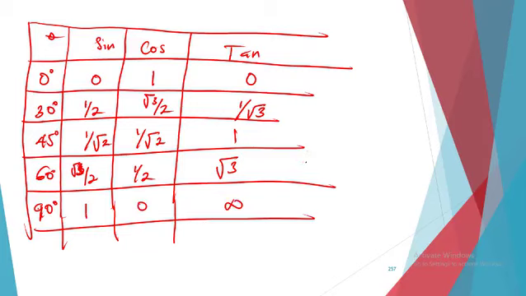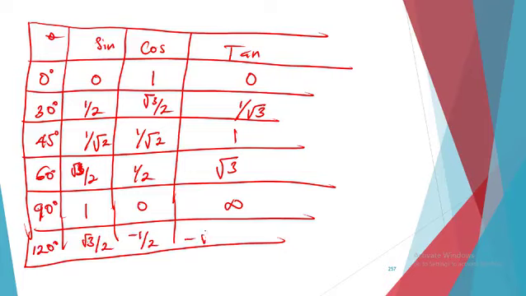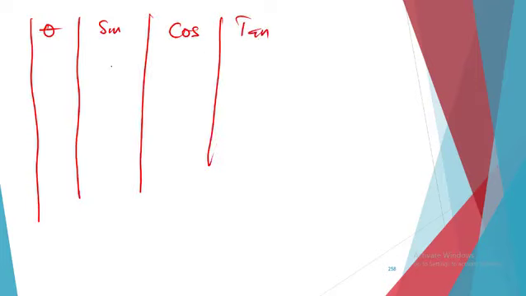Let me go over to the next page. This is 120. 120 will have root 3 over 2, minus 1 over 2, minus root 3. Then let's go over. Remember, we'll have here to be theta. We'll have sine, we'll have cos, and we'll have tan.